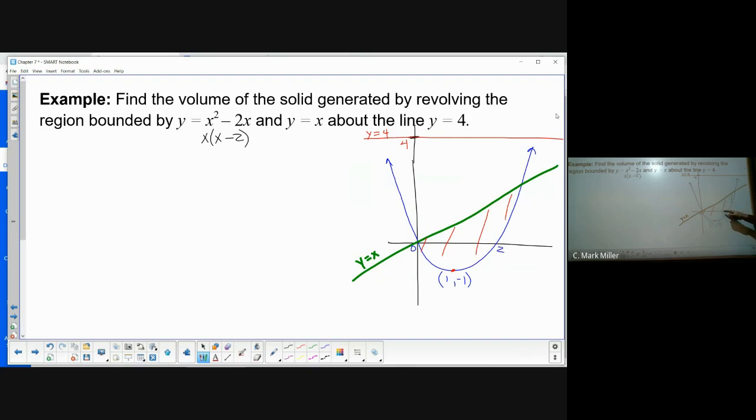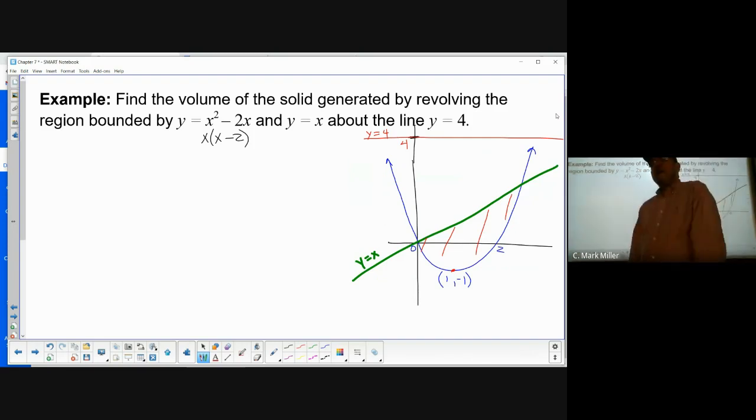So this region revolved around the line y equals 4 would have the same volume if I moved it all down 4 as this region moved down 4 wrapped around the x-axis. That's one way to do it. And even doing it the way we're going to do it, you're going to see it's going to be kind of the same.